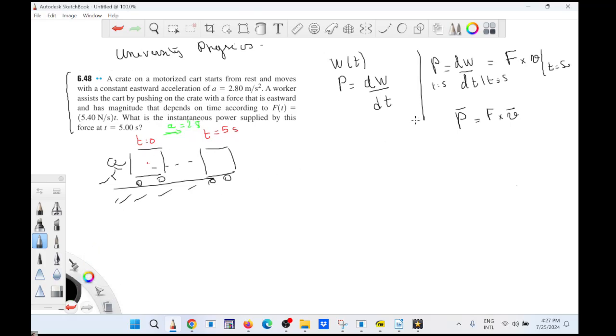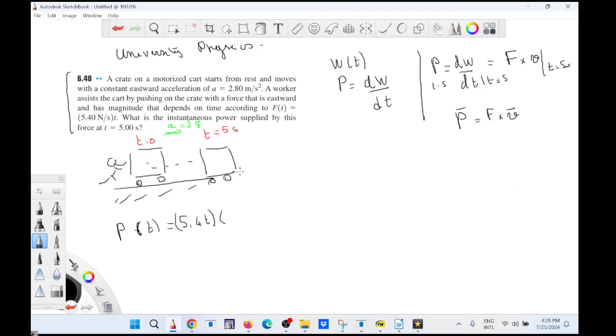Okay. So if I use this equation, okay, so power as a function of time will be the force, which is 5.4 t times the velocity. And you see the velocity increases by 2.8 every second.